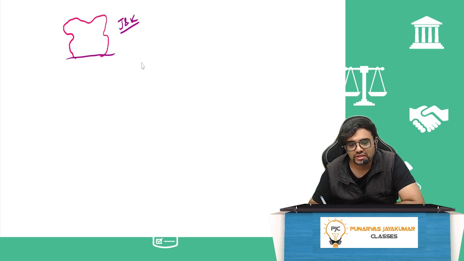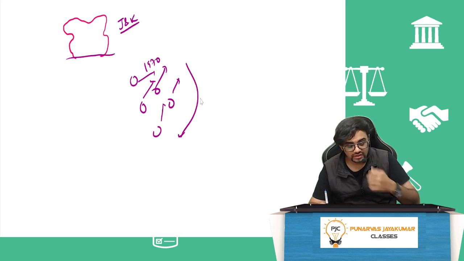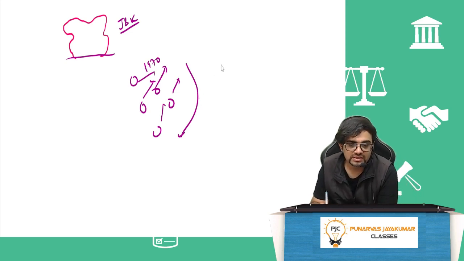That was 1947, and then in 1970, all the palaces in various parts of India were taken by the government, saying you give me the palaces, I will give you some money.